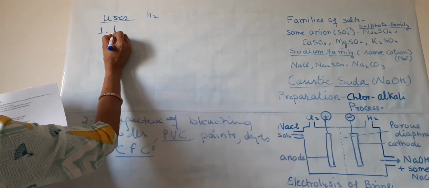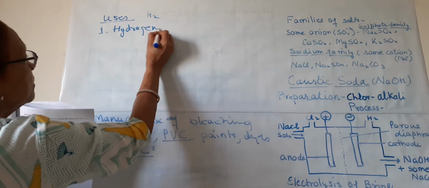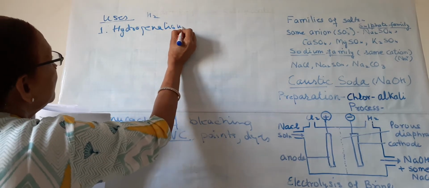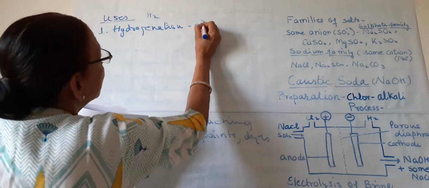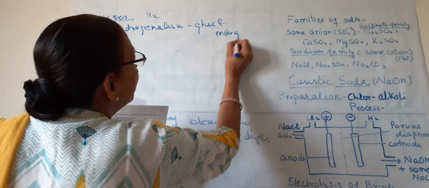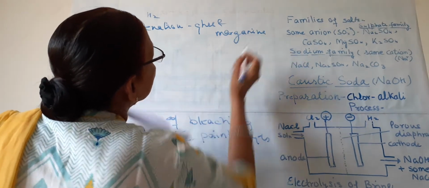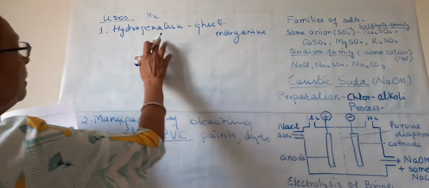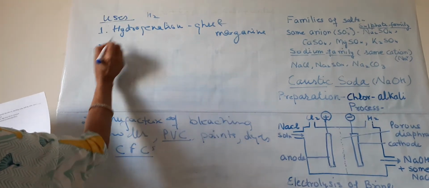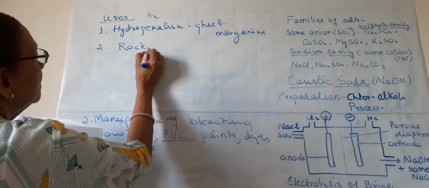First, it is used for hydrogenation, for making ghee and margarine. Margarine is a type of butter. So margarine and ghee, for hydrogenation as a catalyst. It is used as a catalyst.